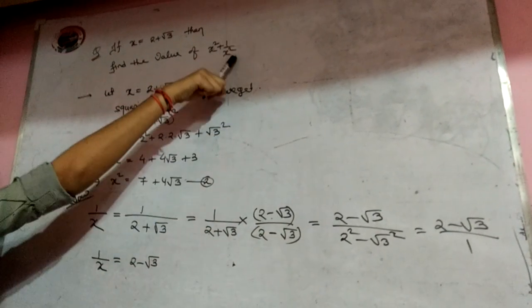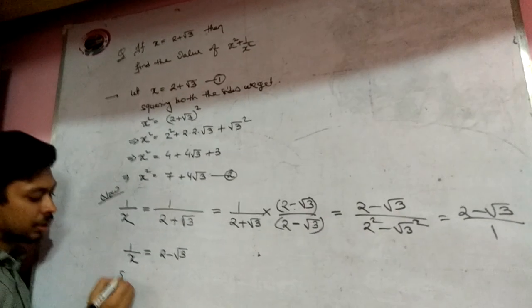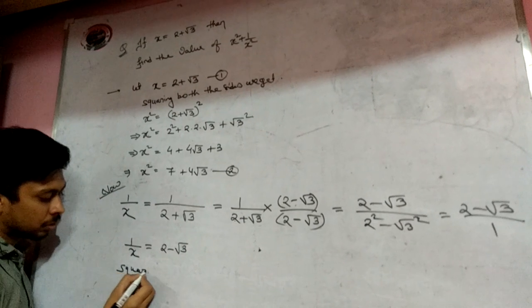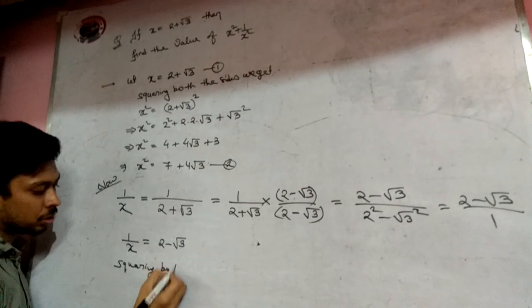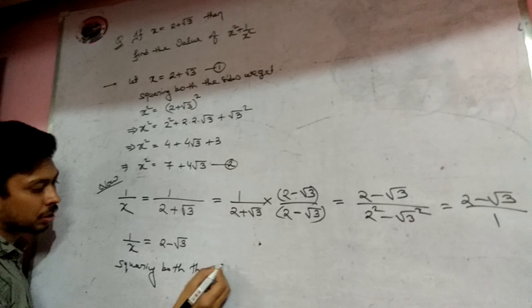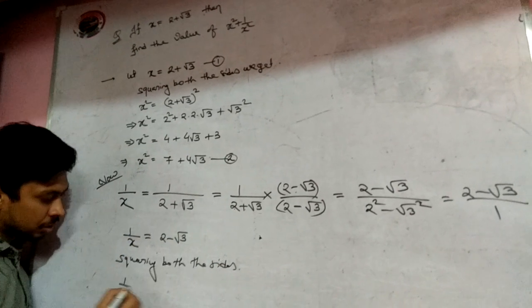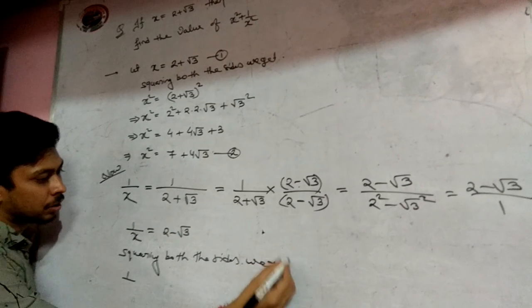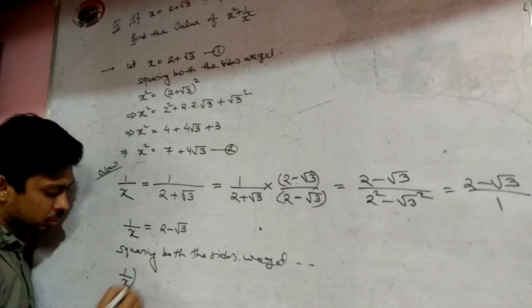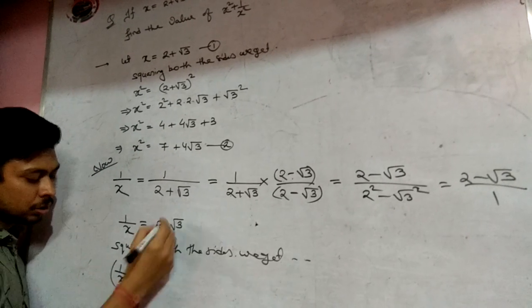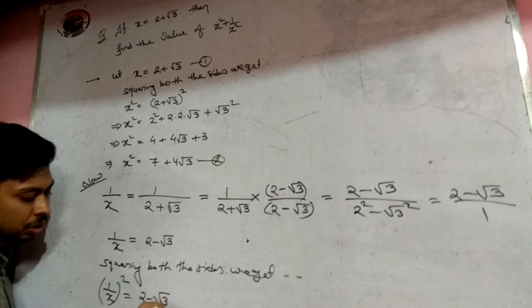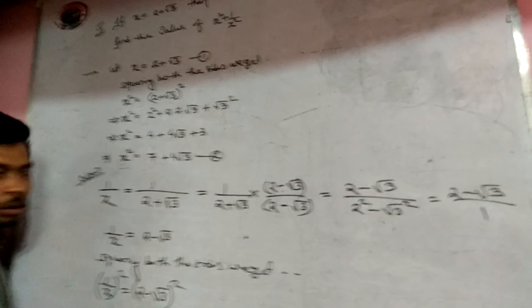Now we are having 1 by x square. Squaring both the sides, what we will get? We get 1 by x whole square, this will be 2 minus root 3 whole square.